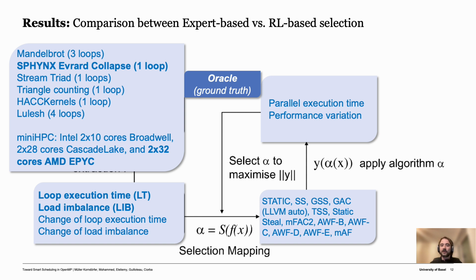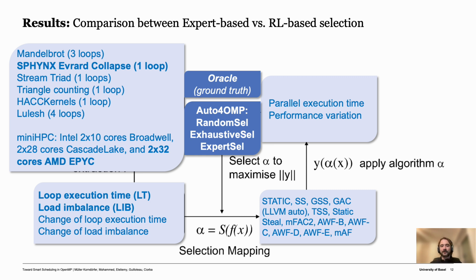So we execute all the experiments, then using a Python script or something like this, we check which scheduling technique actually achieved the highest performance for a given application, system, and time step. And then we build the performance of Oracle. So Oracle is the best performance one could think of.